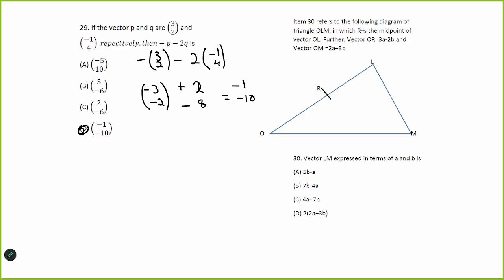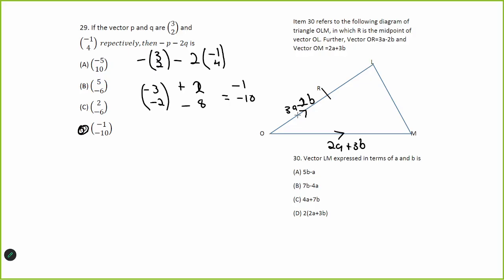Item 30 refers to the following diagram of OLM in which R is a midpoint of OL. Further, vector OR is 3A minus 2B, and OM, that's this vector here, is 2A plus 3B.